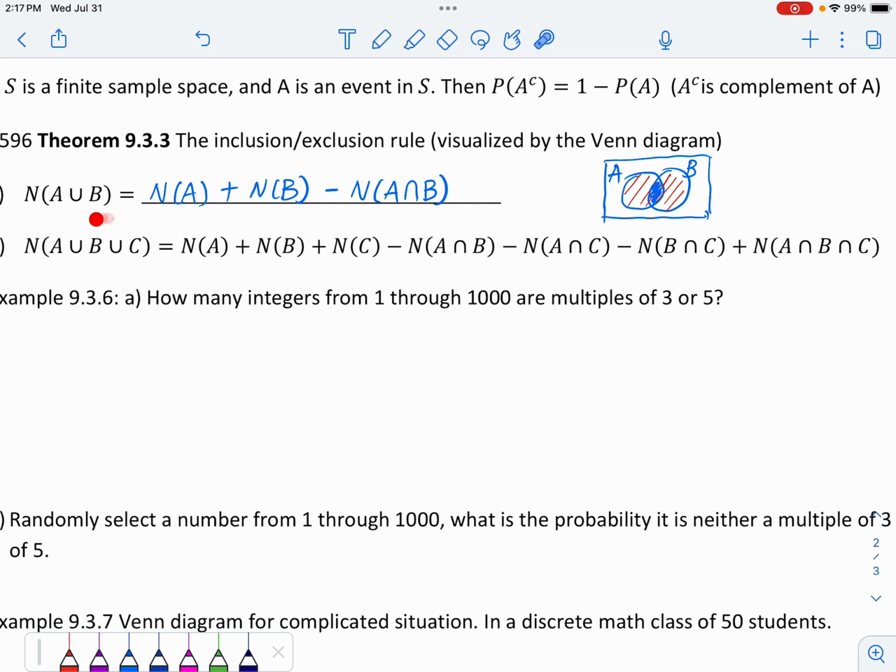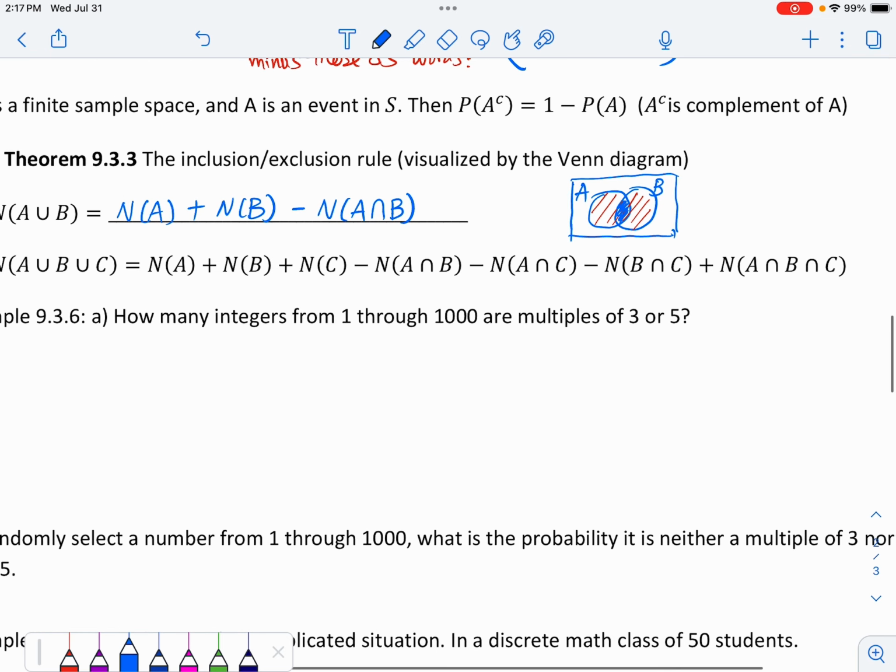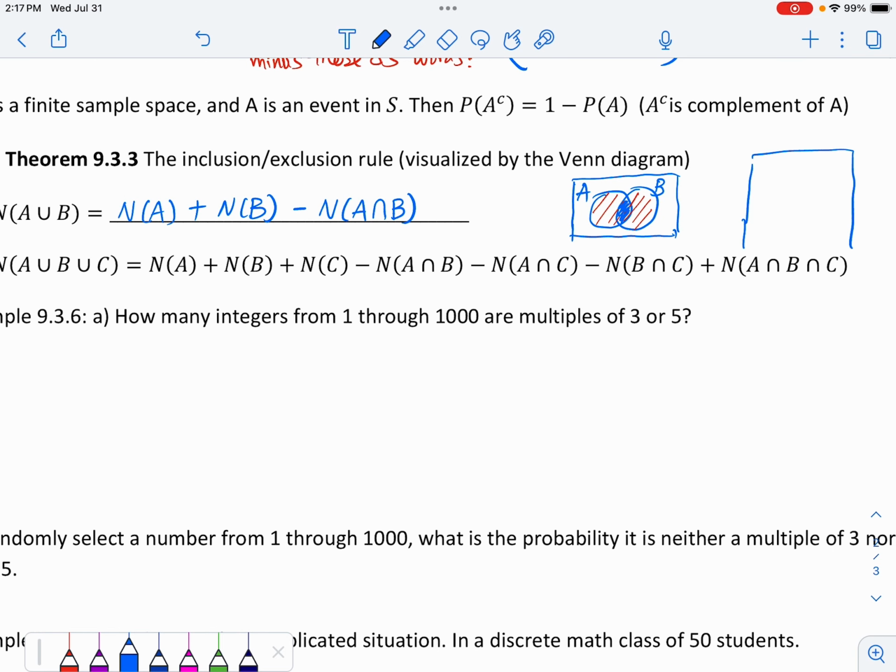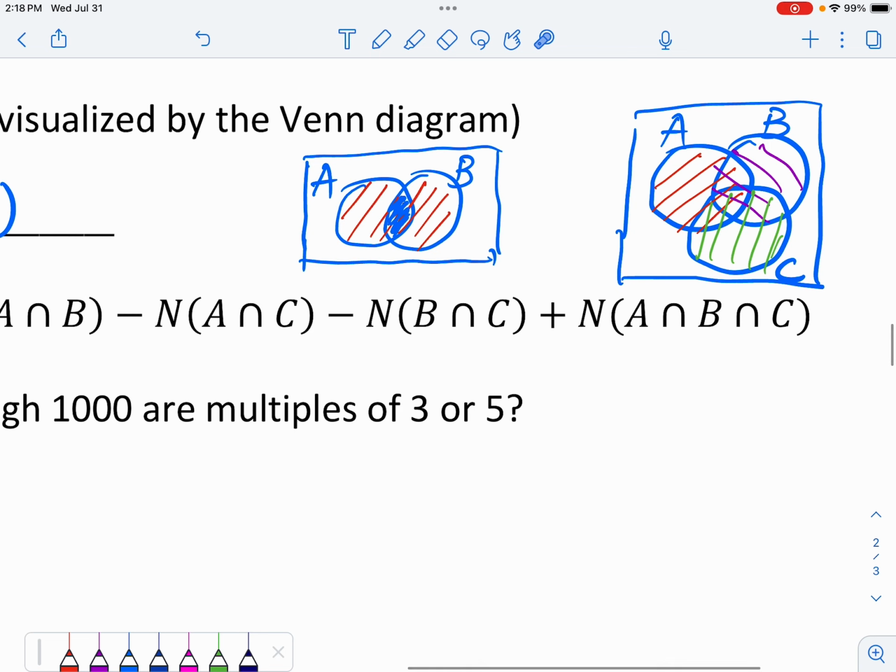Again, you can visualize this by drawing a Venn diagram with A, B, C. You can see the number of elements in A plus the number of elements in B plus the number of elements in C. When you do that, this has been added twice, this has been added twice, this has been added twice, and also this common area has been added three times.